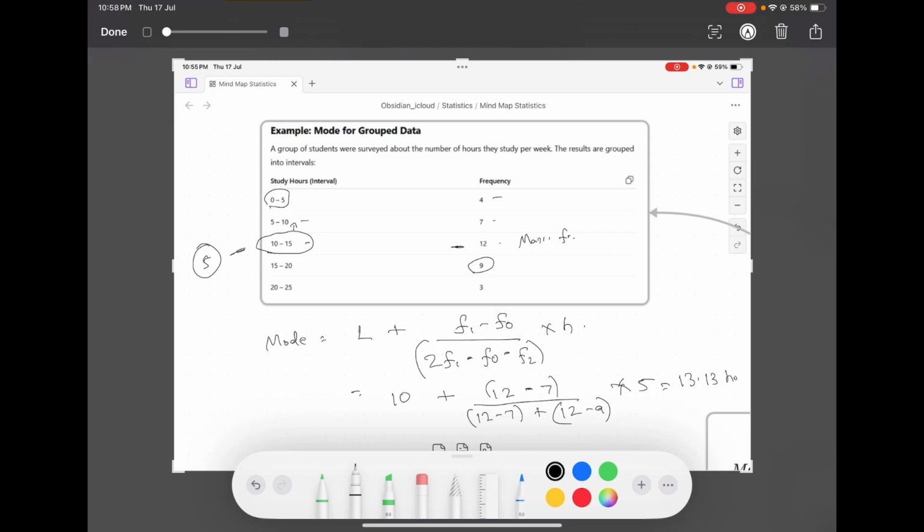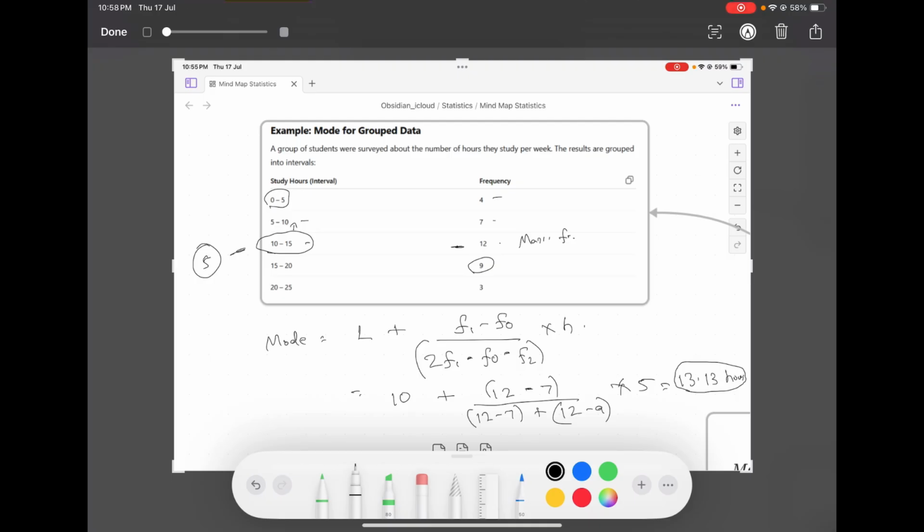So the mode of the data is 13.13 hours. This is the time that the maximum number of students are studying. So the maximum number of students spent about 13.13 hours in study.